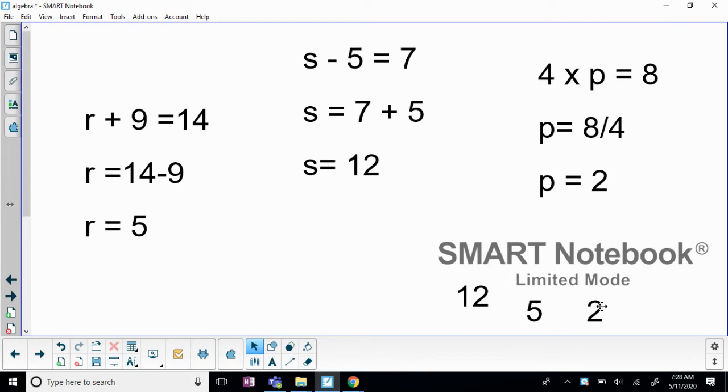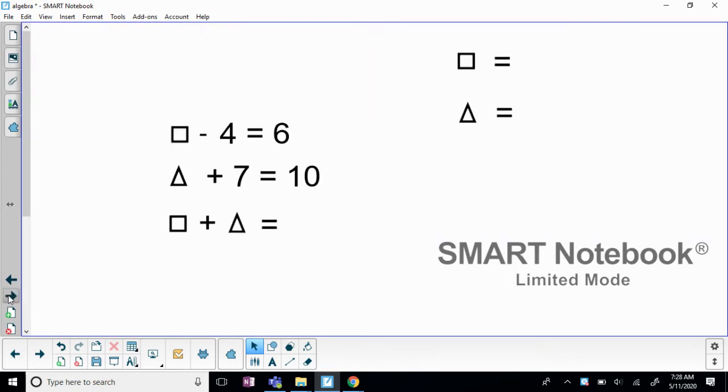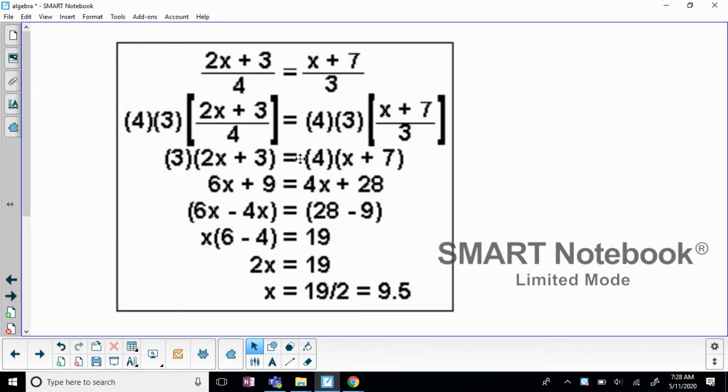So why do we add this second step? Why do we balance the equation and get the variables on one side and the numbers on the other side? Well, the reason for that is this. So this would be a high school equation. And what you see here is multiple steps to get to a final answer and balance of the equation between the variables and the numbers.